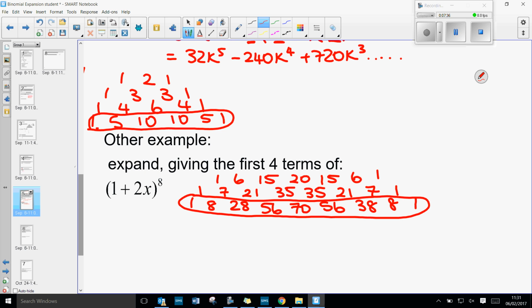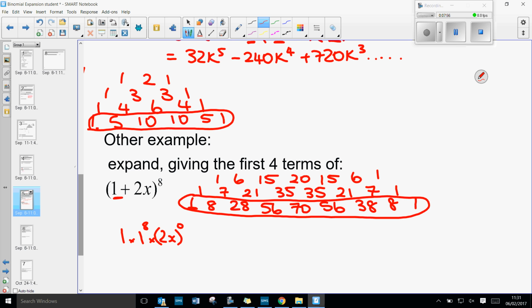They only want to know the first 4 terms. So the first term is going to be 1 from Pascal's triangle times 1, because that's our term A, times 2x to the power 0. I apologise, 1 is to the power 8.